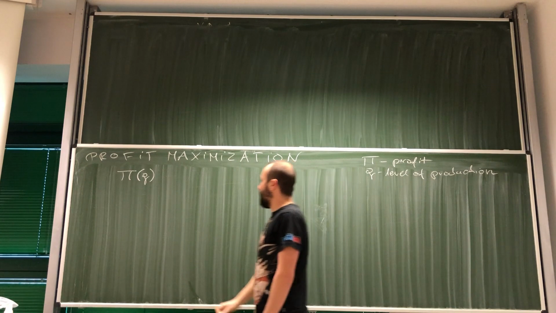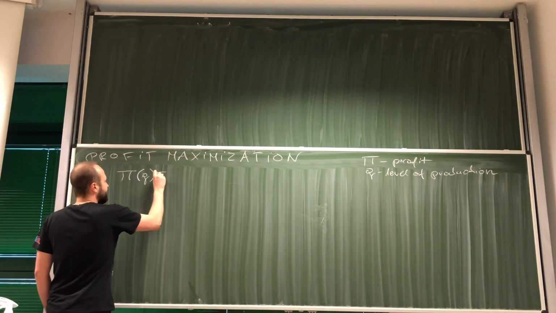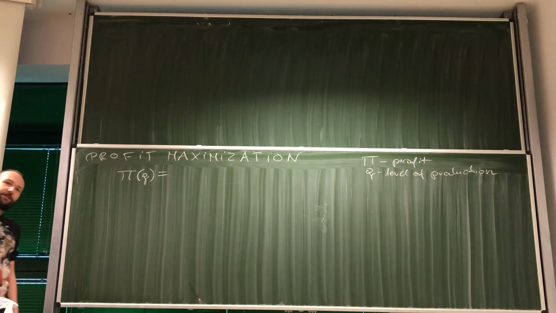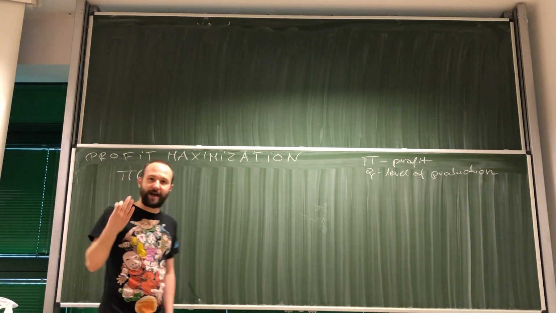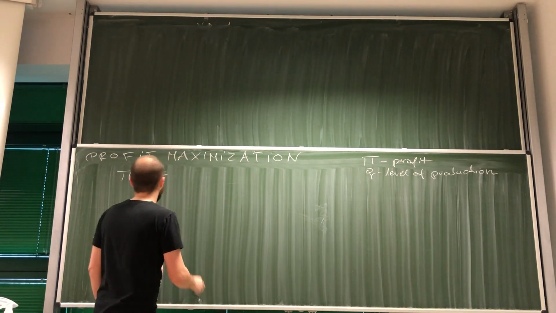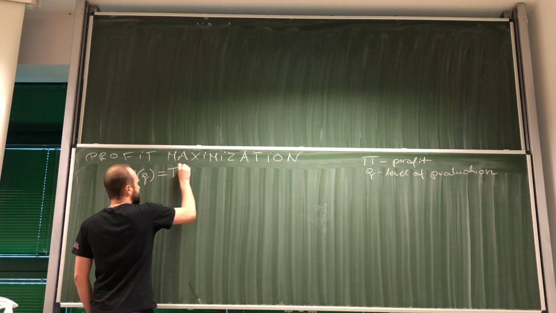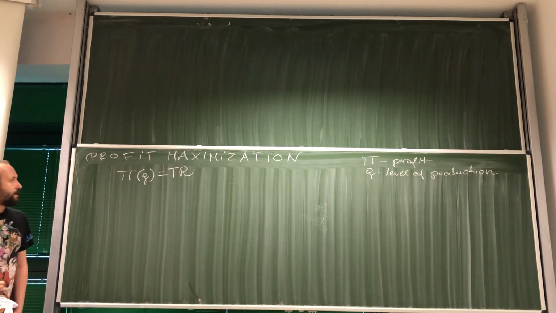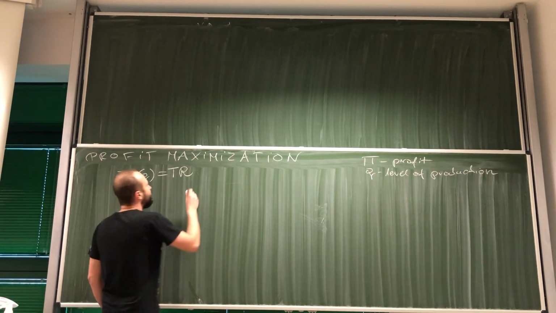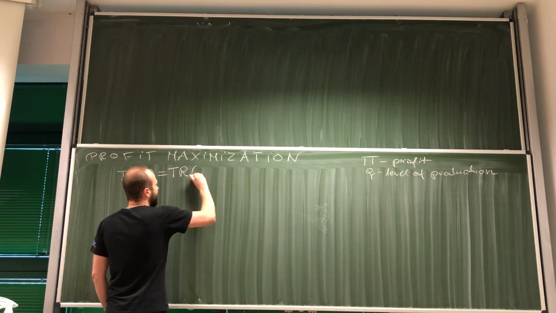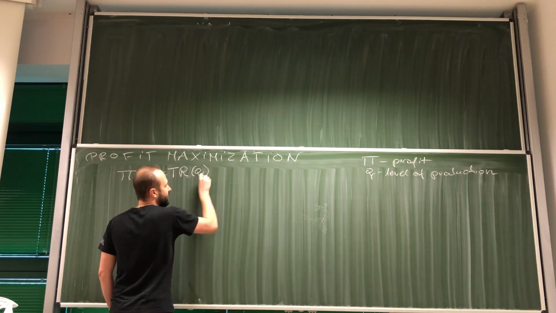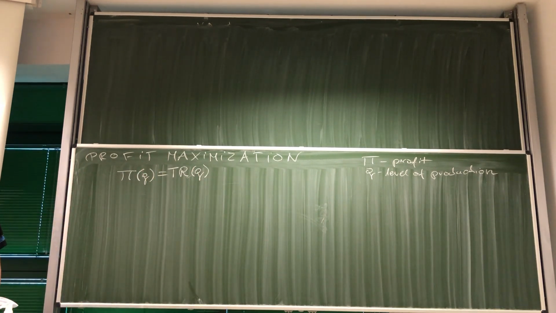Okay, now how do we calculate the profit? Well, first we need to take into account all the money that the company is making. So total revenue. Total revenue here we will also consider as a function of quantity produced alone.